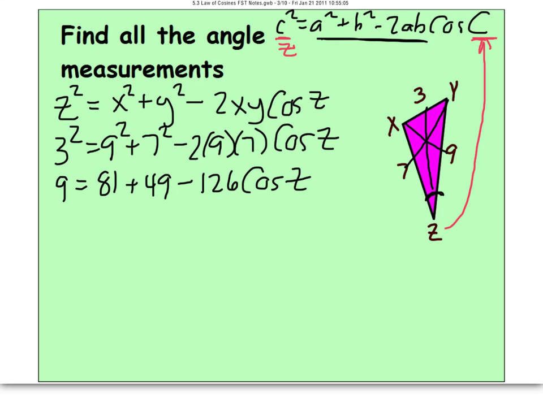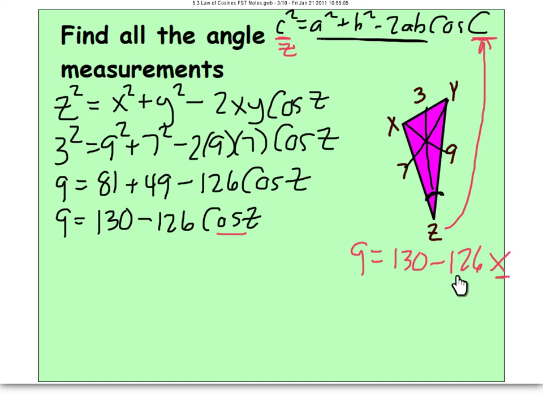Now I'm going to bring these two together first, and we get this part of the formula. Now be very careful. What you're going to be tempted to do is 130 minus 126. You can't do that, and let me show you why. Let's say this was just basic algebra instead of the cosine of Z. What if we had an x there instead of the cosine of Z?